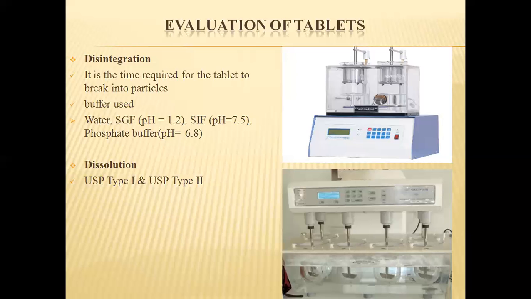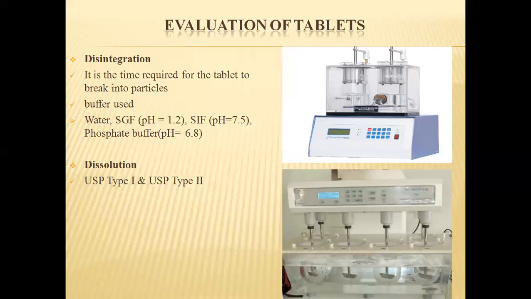The diagram showing over here is the diagram of a disintegration test apparatus. Here, two baskets or two beakers are present, where this is an assembly and it contains 6 cylindrical glass tubes.